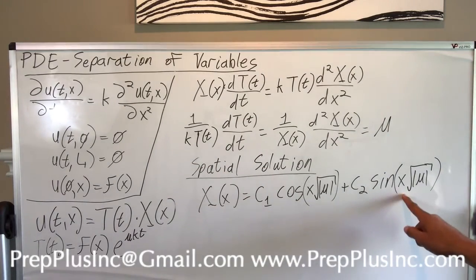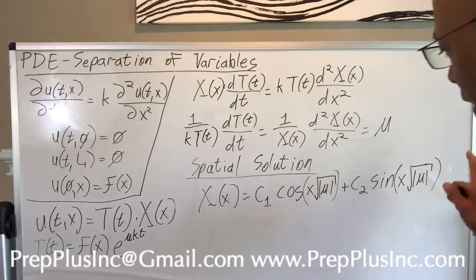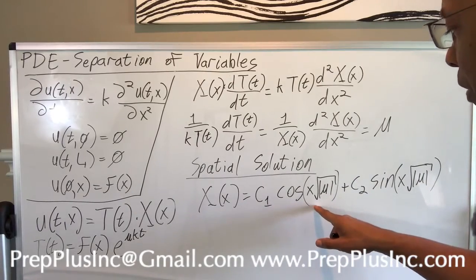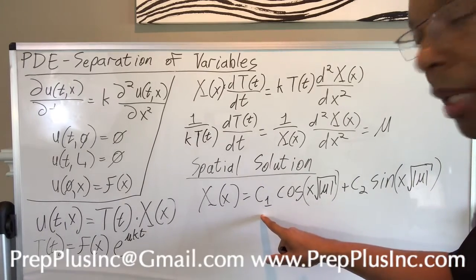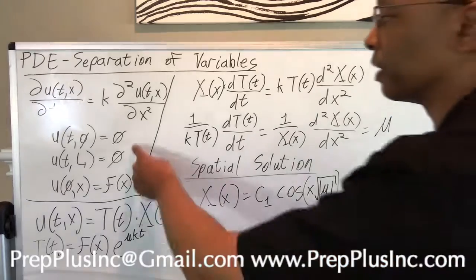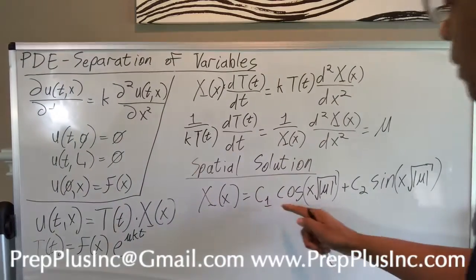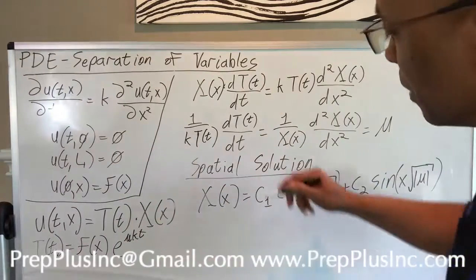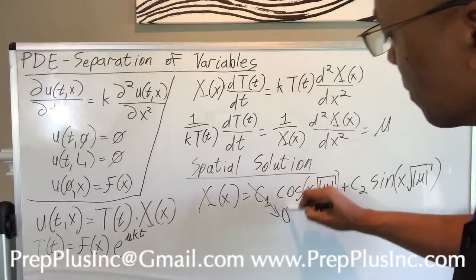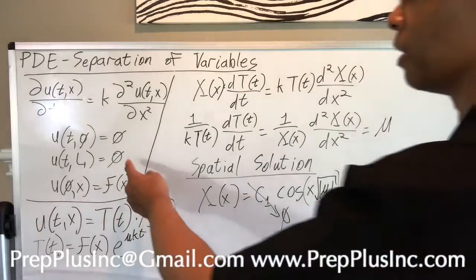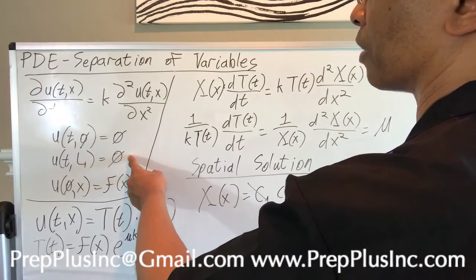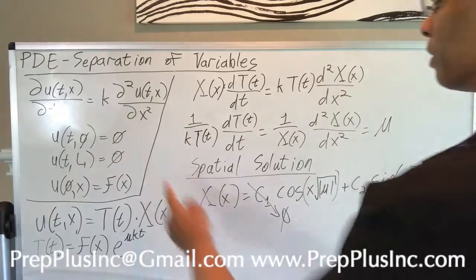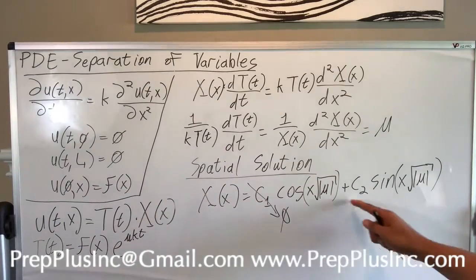At x equals 0 the sine part is 0, so that goes away, leaving just C1. Since this equals 0 and cosine of 0 is 1, C1 equals 0. The other boundary condition, for all times t, is that at x equals L the solution is 0.